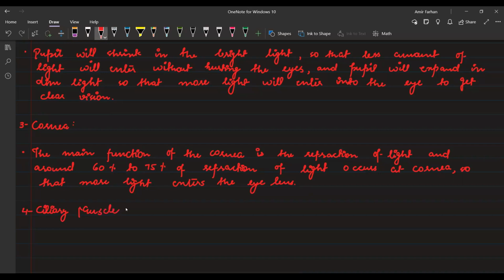Okay, Zainab? So basically, ciliary muscles, I've told you that ciliary muscles change the thickness of the lens. It basically holds the lens, right? Let me write it down in this way as well.